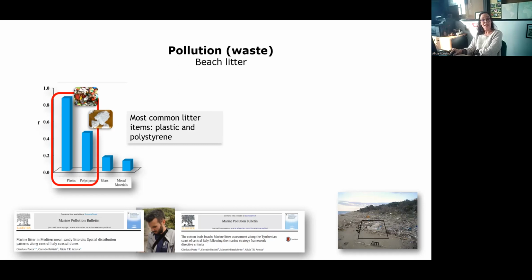We observed that plastic and polystyrene were the most common litter items, which confirmed that plastic is one of the most diffused marine litter worldwide. But there was also an interesting result here. Could you guess, this is a question, which was the most frequent plastic item?